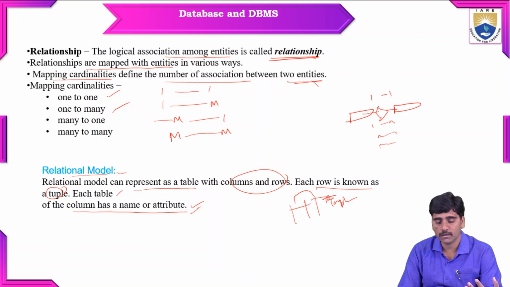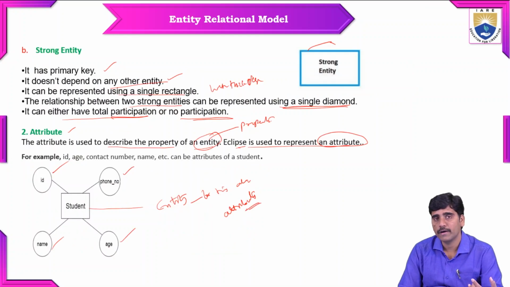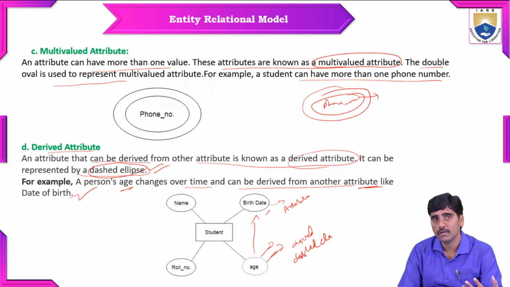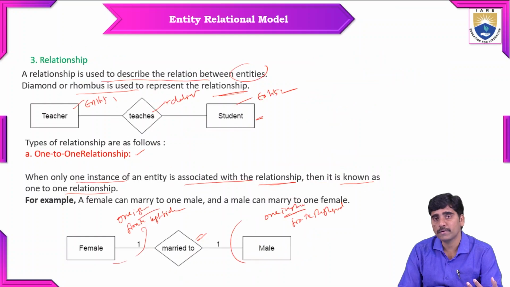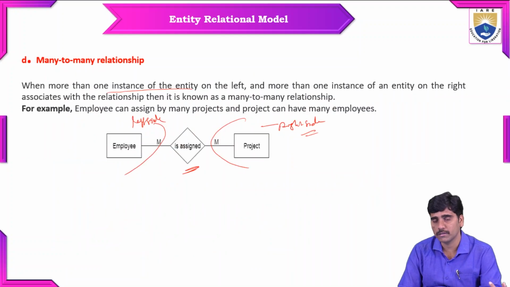Rows are called tuples. Types of entity are weak entity and strong entity. Types of attributes are key attribute, composite attribute, multi-valued attribute, and derived attribute. And types of relationships are one-to-one, one-to-many, many-to-one, and many-to-many relationship.